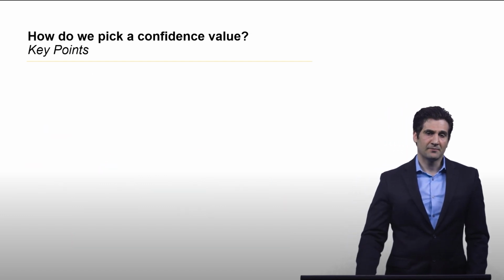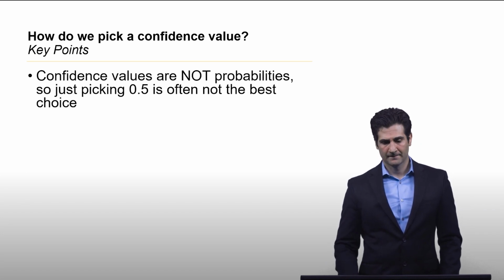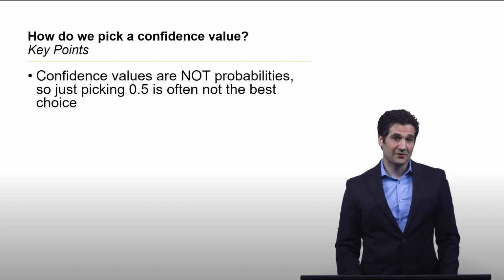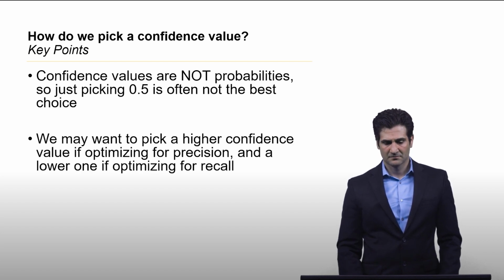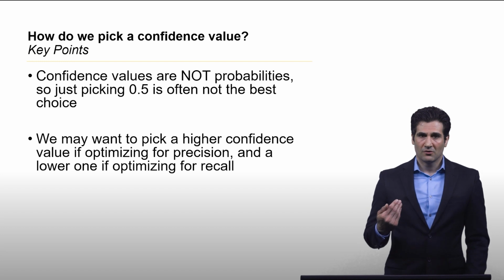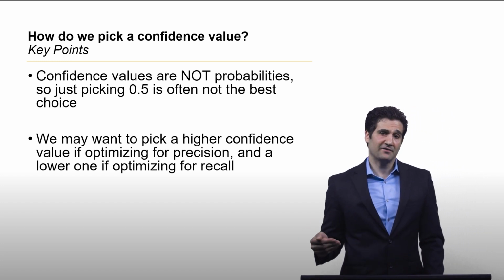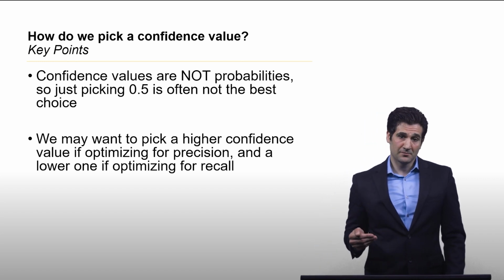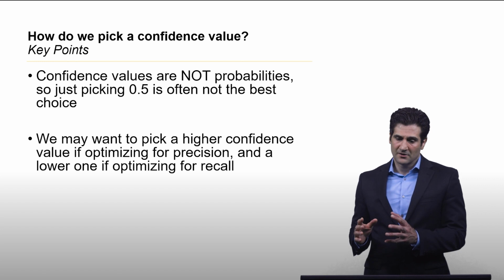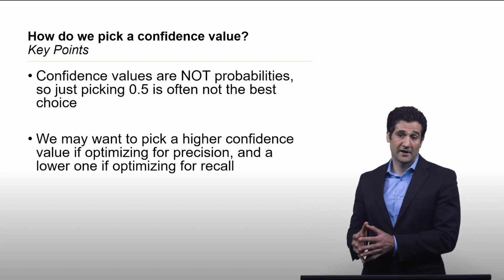So with that in mind, how do we go about picking a confidence value? Again, they're not probabilistic, so 0.5 may or may not be a good choice. Now, one little nuance here is we may want to pick a higher confidence value if we're optimizing for precision, if it's really important that we have high resolution on what we're trying to predict.